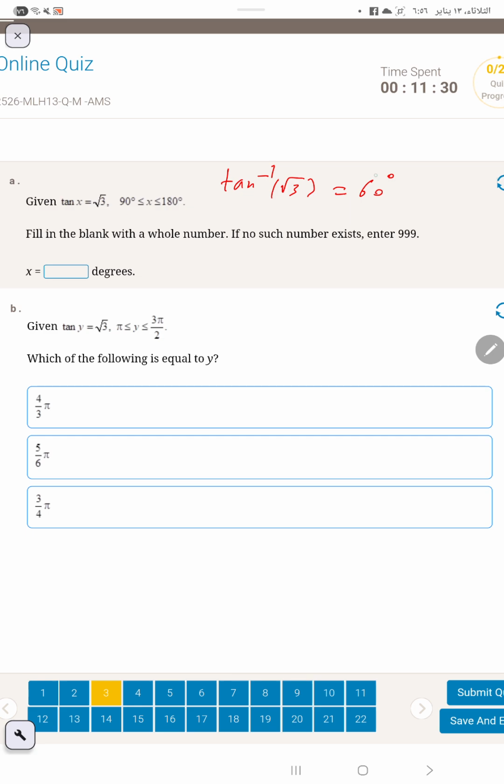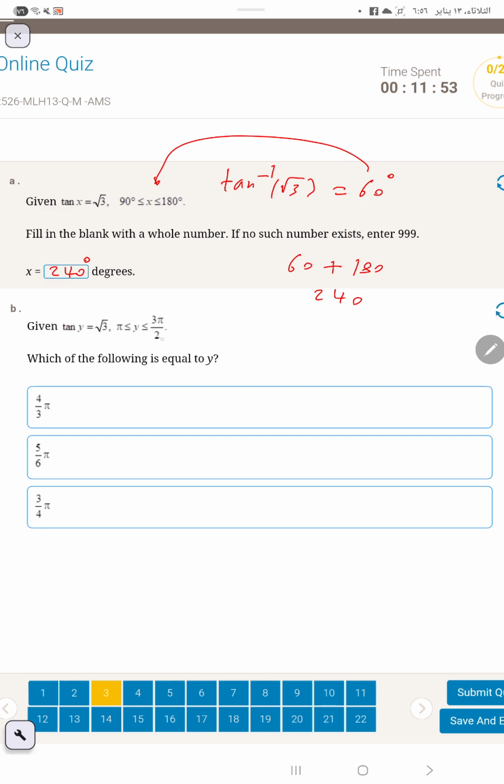But 60 is not in the interval from 90 to 180. For tan, the rule tells you to add or subtract 180 to the number. So 60 plus 180, you get 240. So here, 240 degrees.